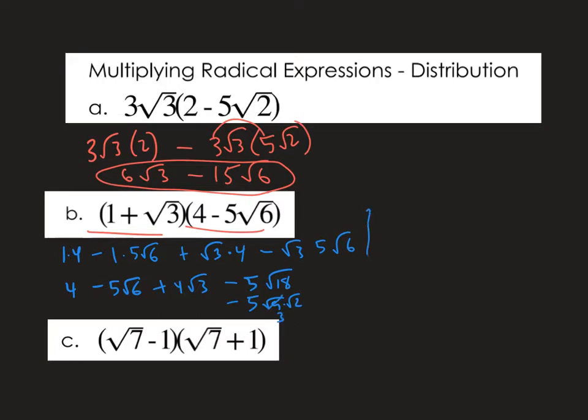So that's going to be 4 minus 5 rad 6 plus 4 rad 3. And then this became 5 times 3 is minus 15 rad 2. So 4 minus 5 rad 6 plus 4 rad 3 minus 15 rad 2. And since none of the radicals are the same, nobody goes together, we're going to leave that as our final answer. Let me clean this up a little bit and make room for letter C.